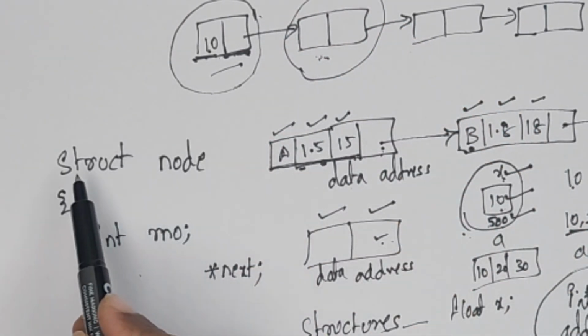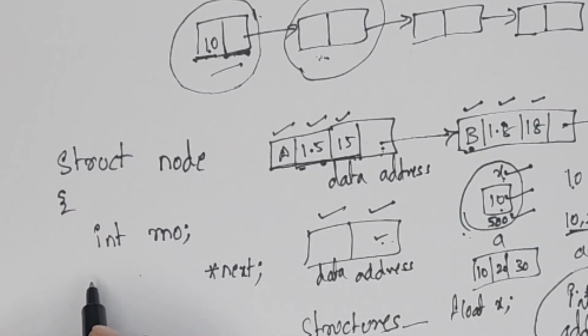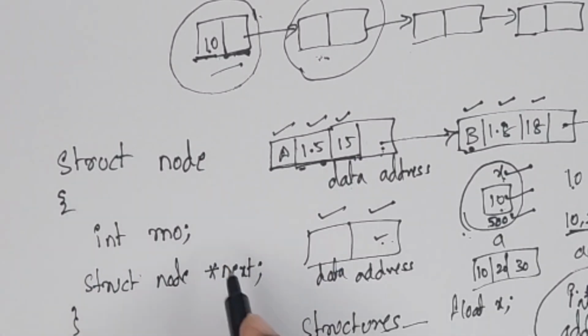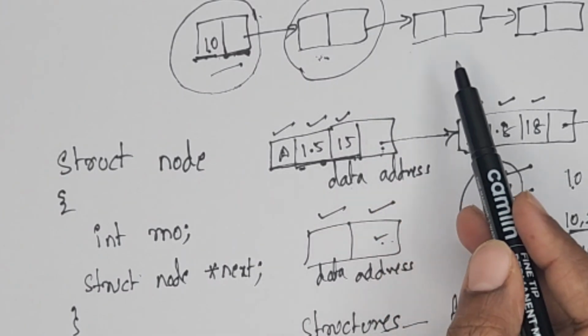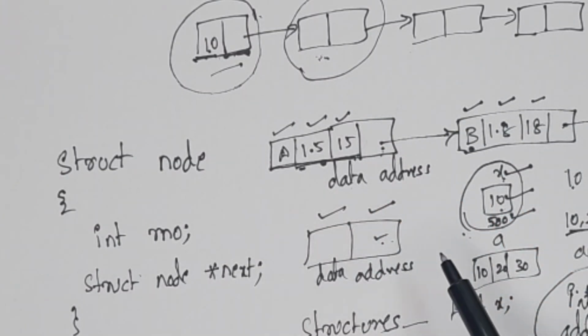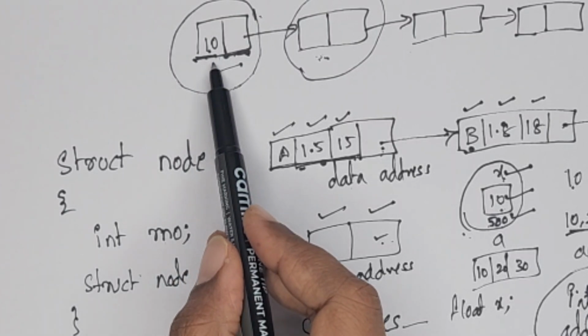So next is also of type structure: struct node next. If you understand the basics, the remaining things we can easily allocate, easily store the addresses, and easily create the elements inside. Basics are important. Struct node next. So only these two members I am going to store in this node.